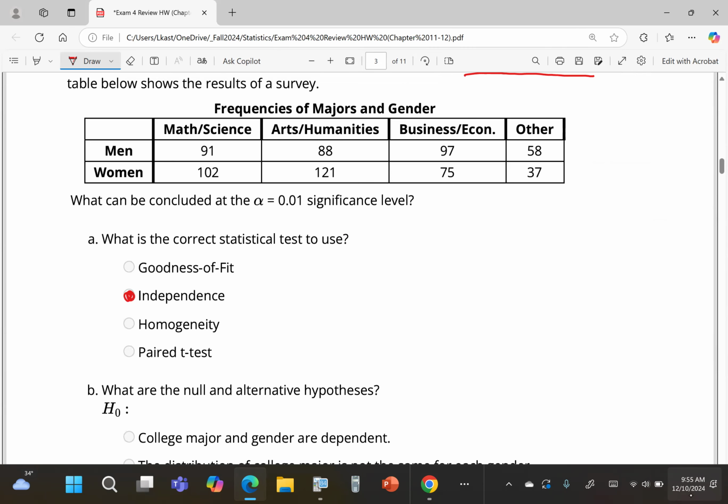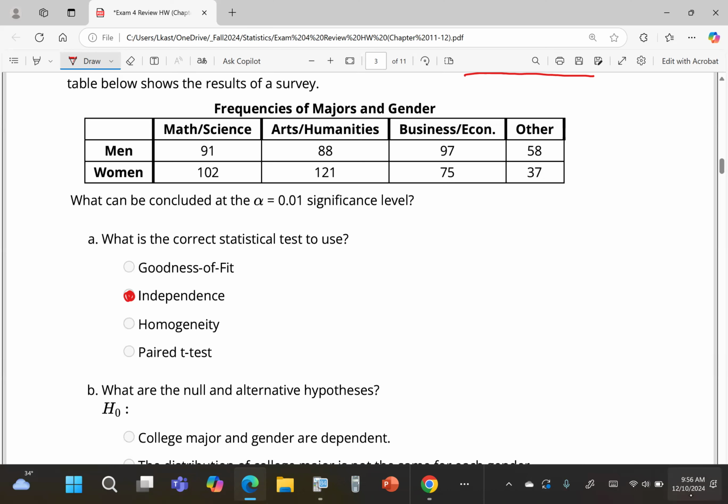Now it's gotta be either goodness of fit or independence, because we didn't talk about the other two in this chapter. So it's one or the other. It's a goodness of fit test if you're given a table where you have observed values and you compare that to expected. So you have a column of observed and a column of expected, and you run the squared Pearson residual, correct? That's a goodness of fit test. If you have a contingency table, it's a test of independence.